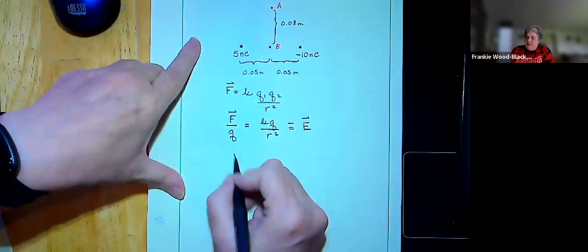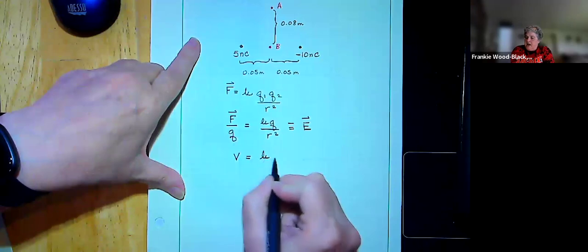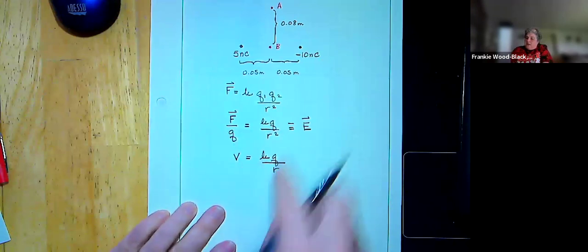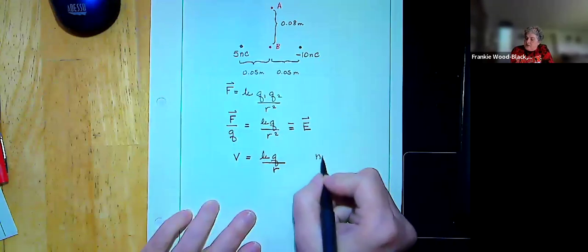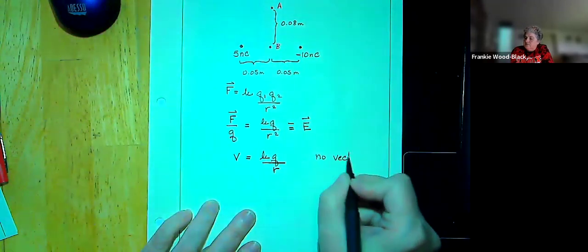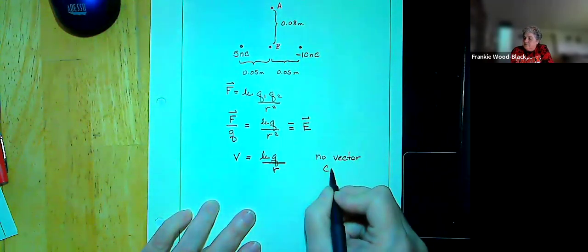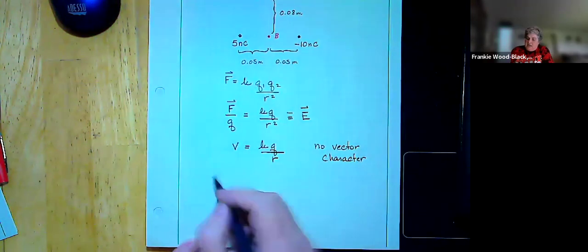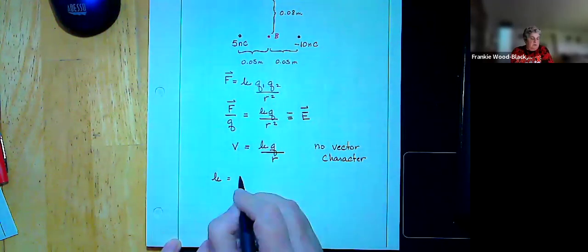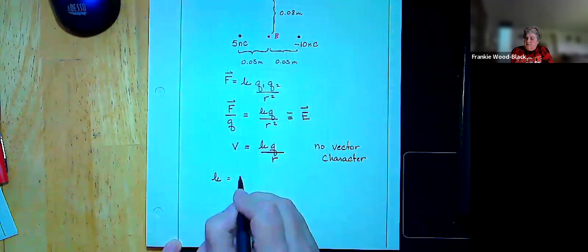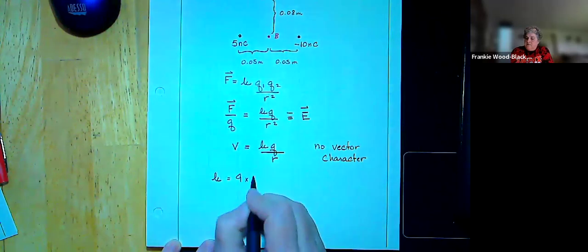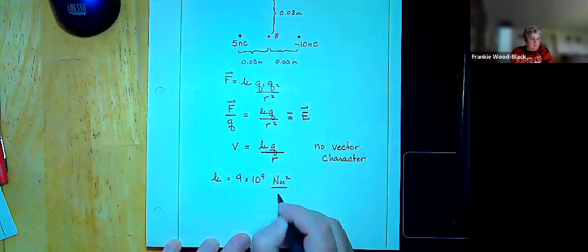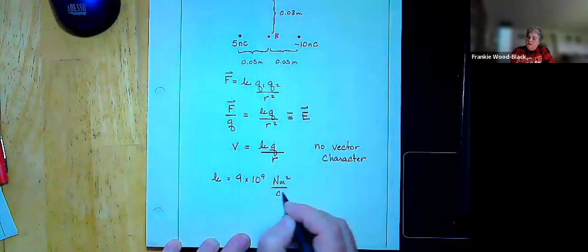And now we've got potential is equal to K Q over R. And this one has no vector character. The other thing is K is equal to 9 times 10 to the 9th, and our units are Newton meters squared per Coulomb squared.